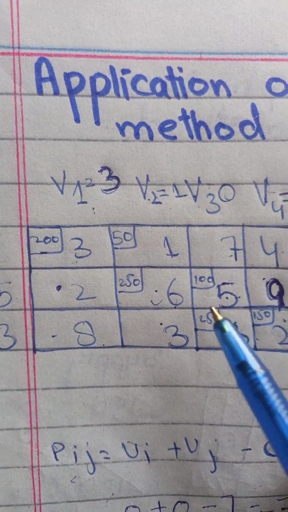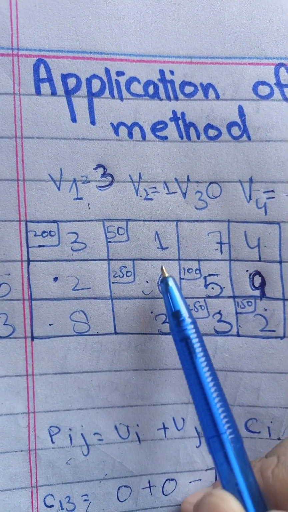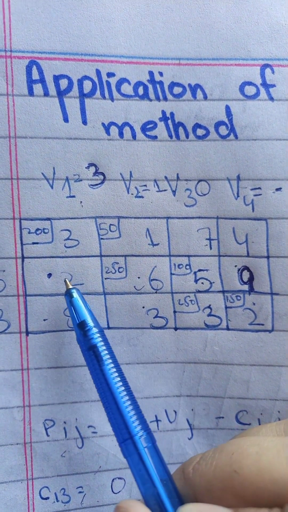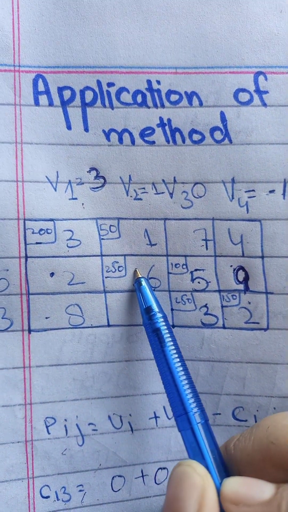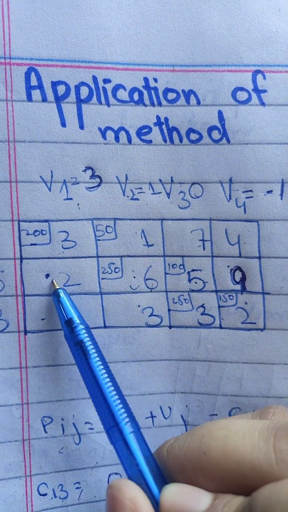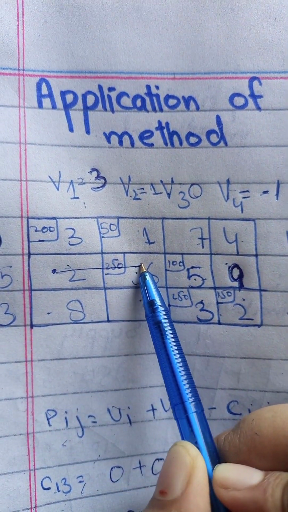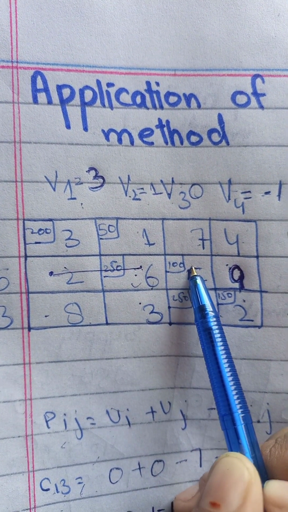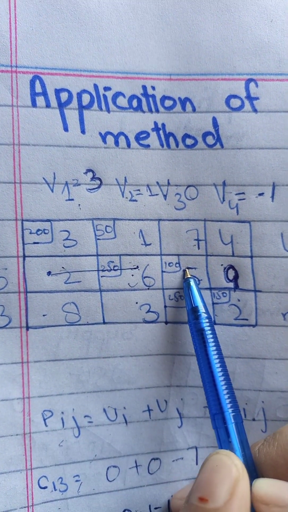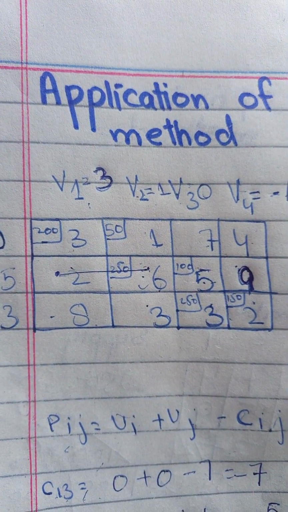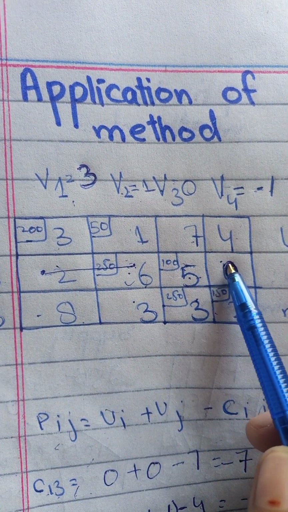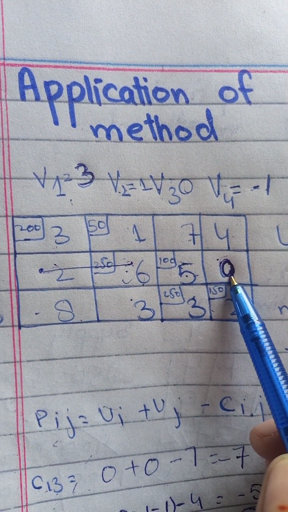Now for this, we will make a closed loop which travels from allocated cell to allocated cell. We will move here. We can further move here, but by moving here we cannot move furthermore because this is an unallocated cell.